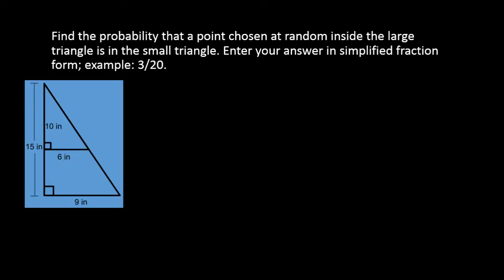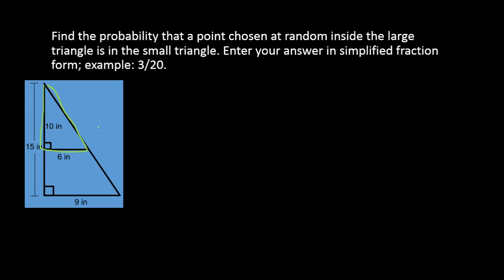Okay, so we want to find the probability that a point chosen at random inside the large triangle, so somewhere in this big triangle, what are the chances that if I blindly point at a spot in this large triangle it also happens to fall in this smaller triangle? So I know I've hit it somewhere in the big triangle. What are the odds that it's also in the small triangle?